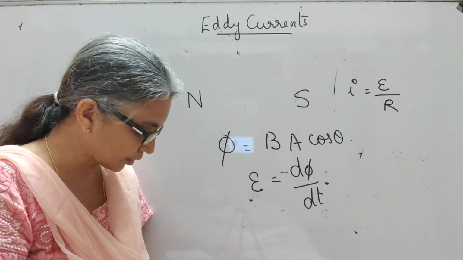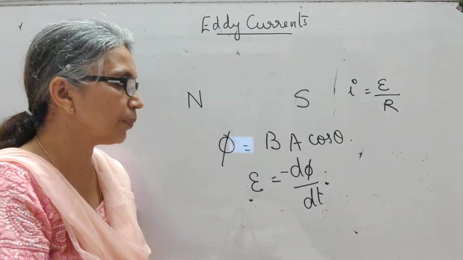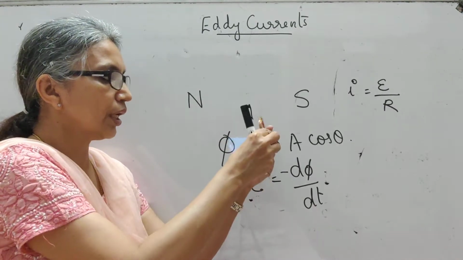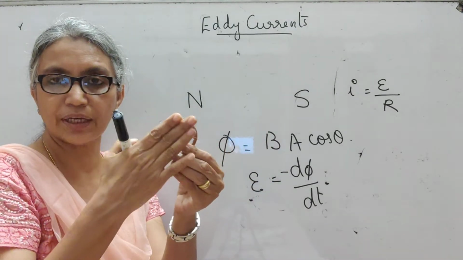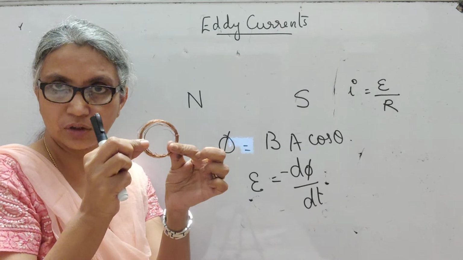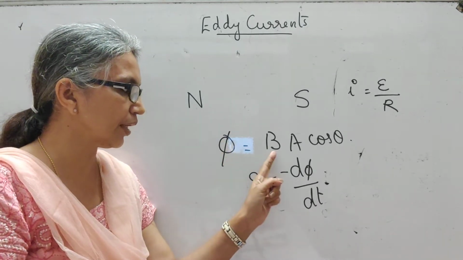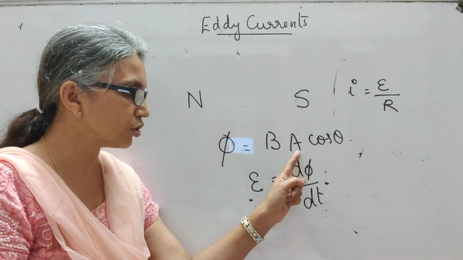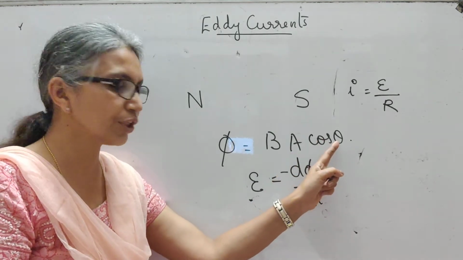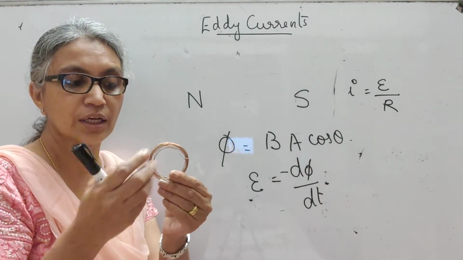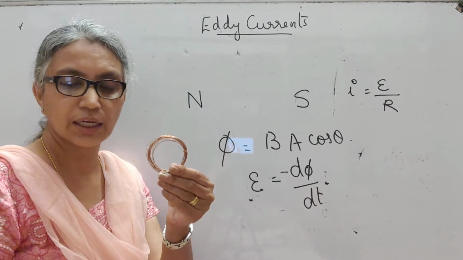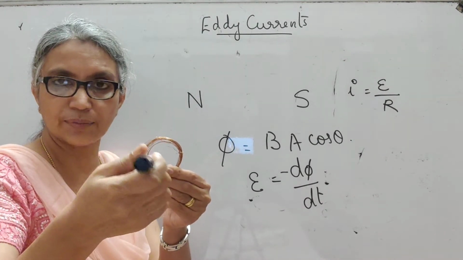Now we have been discussing how you can keep a coil in a magnetic field, and because of the magnetic field lines, the flux changes in a coil. You can change the flux by either changing the magnetic field, changing the area of the coil, or changing theta. Theta you can change because, suppose the magnetic field is like this and the area vector is also in the same direction.